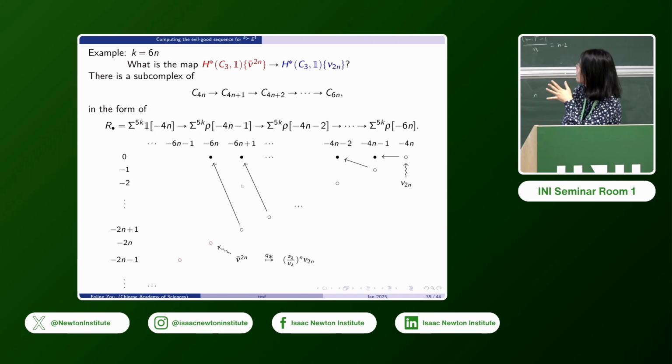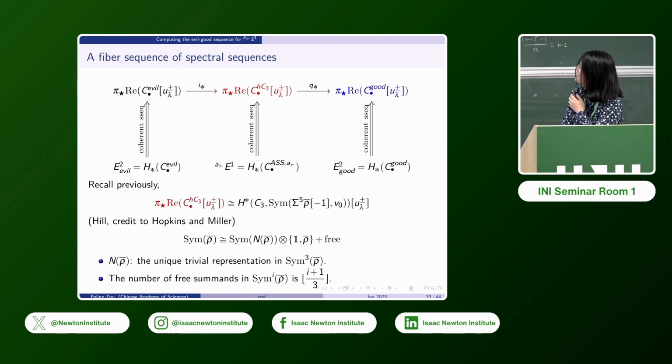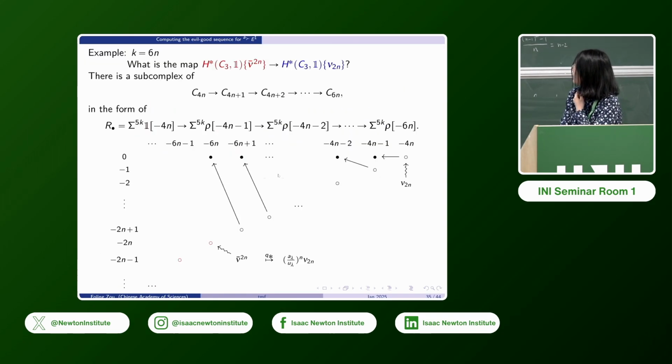The point is that we want to deduce the E2. So we analyze everything here and here, so we can reverse engineer to know what's here, what's the E2 of this. The E2 is just all the dots here, except for this one because it's a D1. And then all the differentials are happening in the coherent spectral sequence.